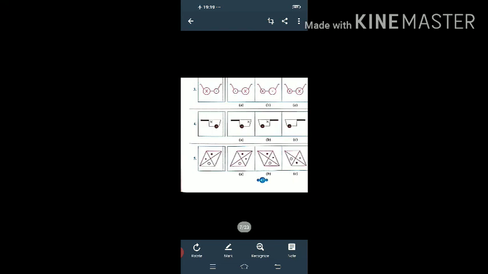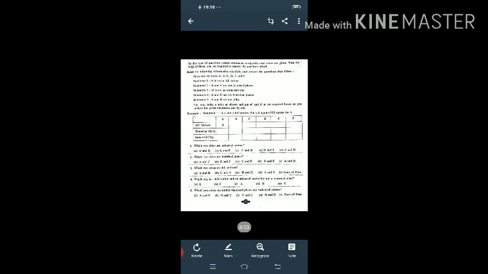Now students, this is the next: analogy. Analogy literally means similarity, bearing a resemblance, meaning two things are the same.